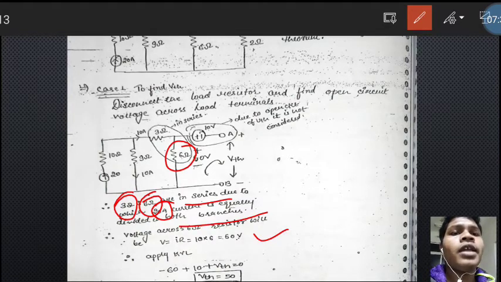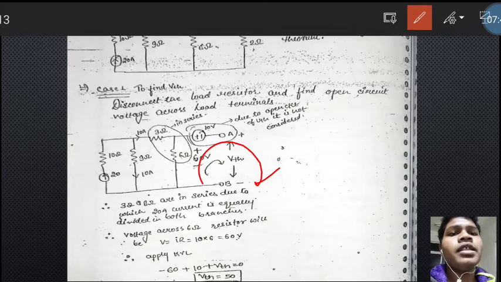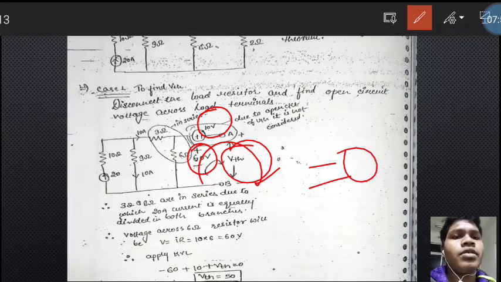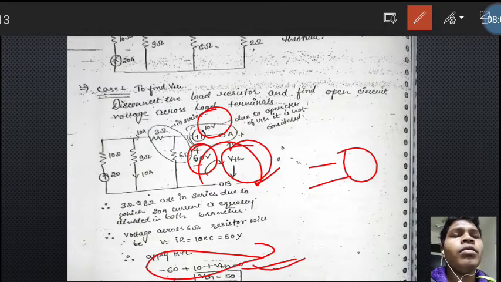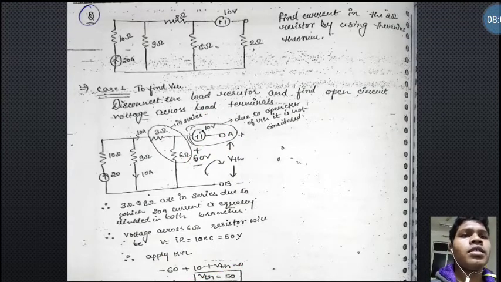Now apply the KVL here. There is 60 volt across this resistance, and there is the 10 ohm. So minus 60 because of the sign indication, minus 60 plus 10 ampere times 10 volt plus VTH equals 0. After solving this, we get VTH equal to 50 volt. That is the Thevenin's voltage. So the first case is completed.